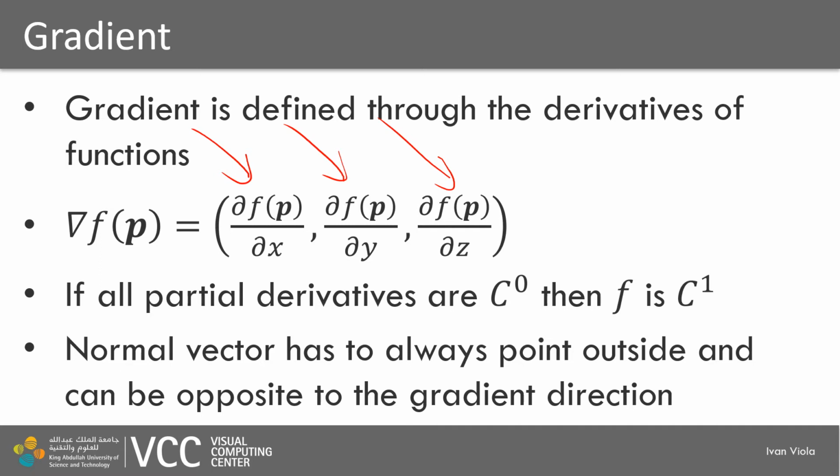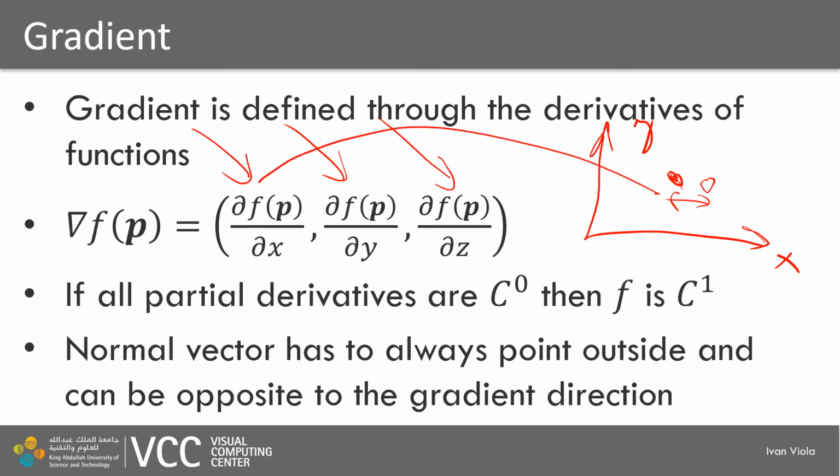So for example, if we have two dimensions, x and y, and we evaluate a functional value at one point, and then we evaluate the functional value at another point, then here we can generate the gradient by subtracting one value from another, and we can generate the x component at this particular location.